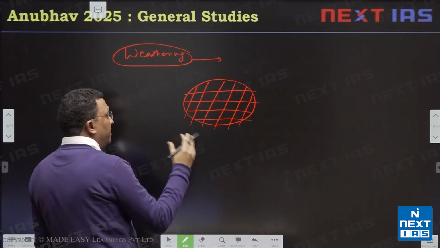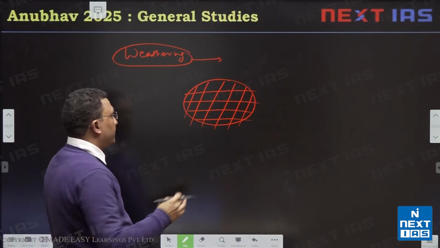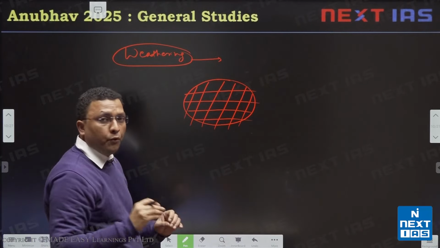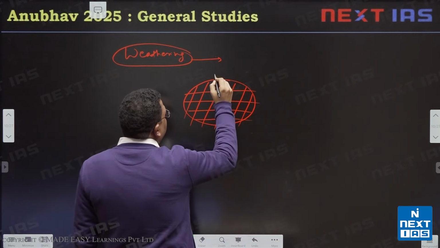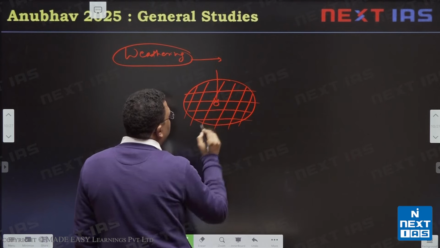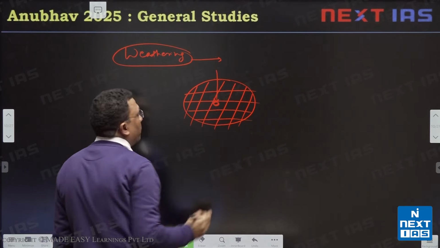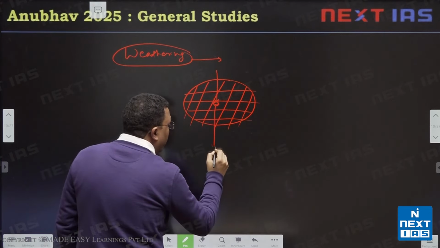So when a rock is weathered, its particles gets loosened, right? It will be basically decomposed into smaller particles, right? And then what happens that, let's say water is flowing from upward, so it will pick a smaller rock particle which is already weathered and it will move it down, right?